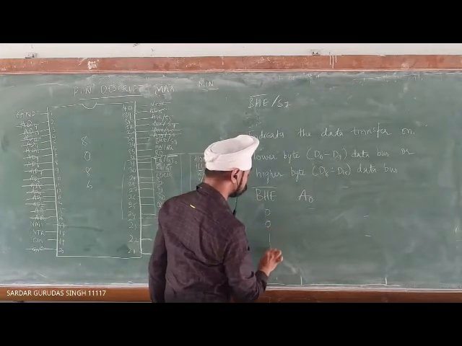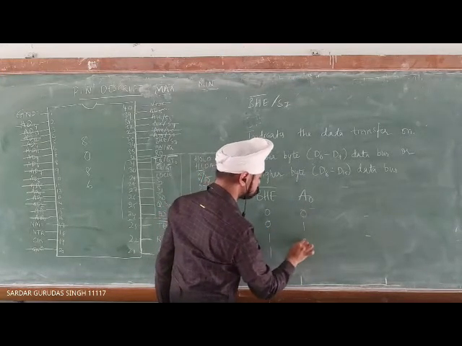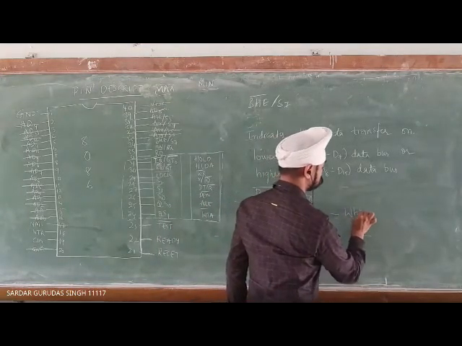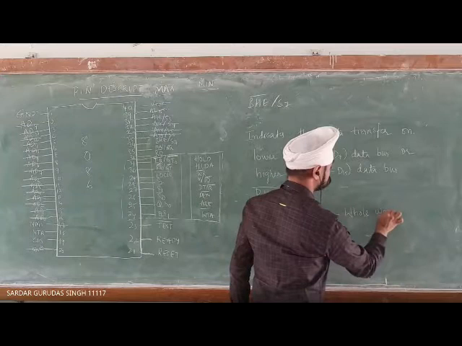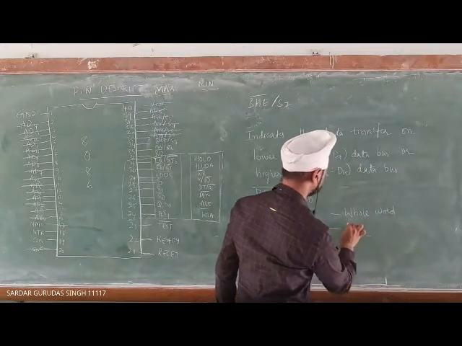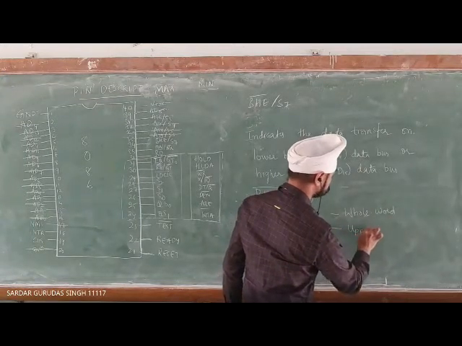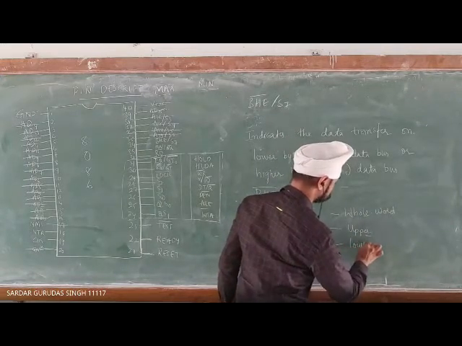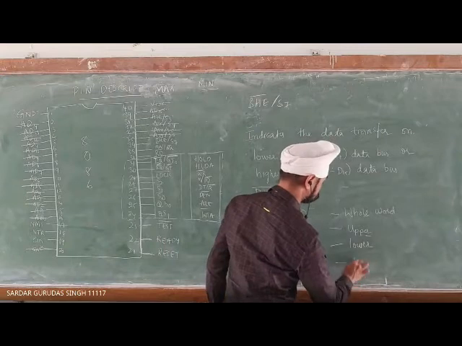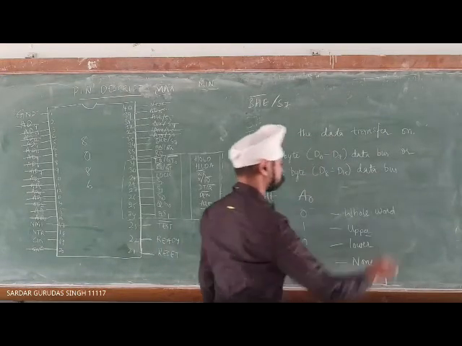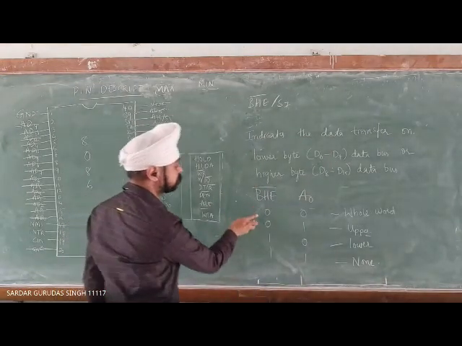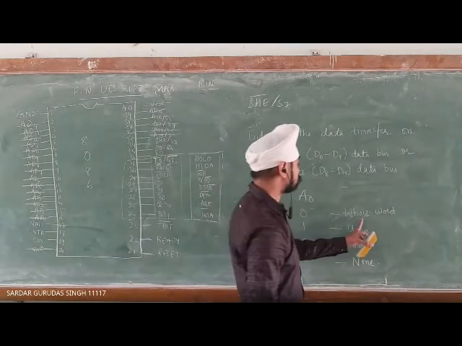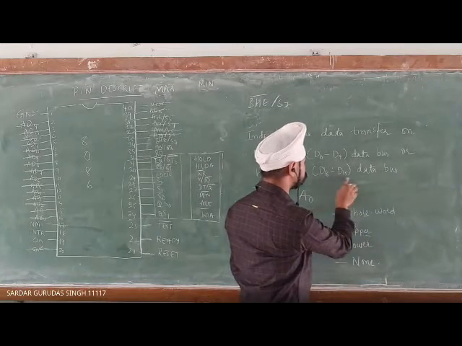0, 0, 0, 1, 0, 1. Whole word. See, if the signal is low, in these two conditions, you can see that the data is transferred on the D8 to D15.